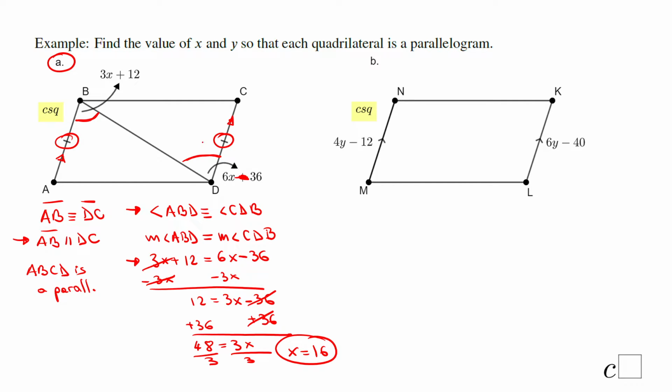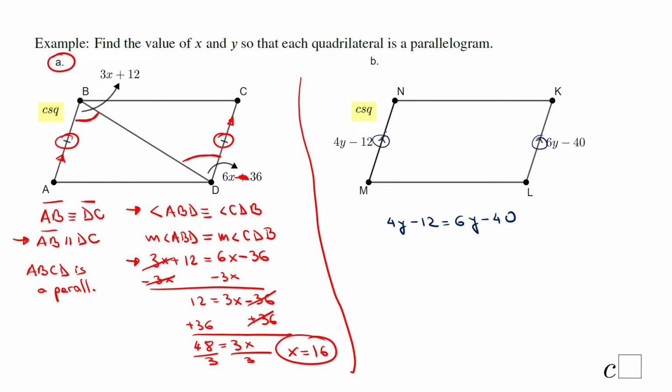Okay, let's take a look at part B. Very similar problem, right? So if you start by writing the equation 4y minus 12 equals 6y minus 40, that's correct, that is good, but I want to be sure we justify, we notice these two sides are parallel.